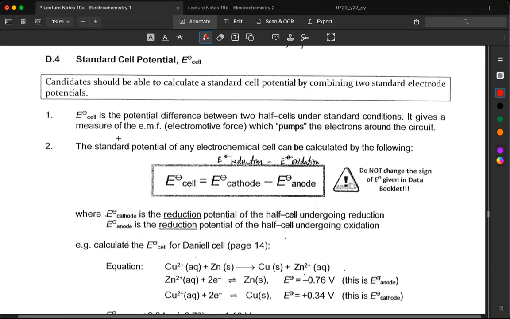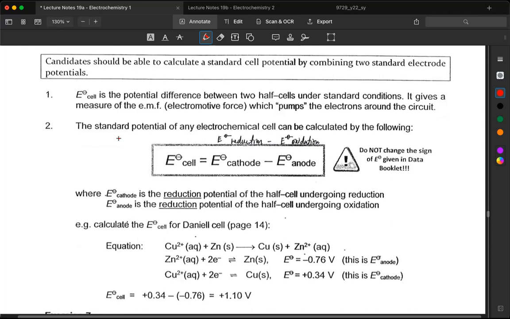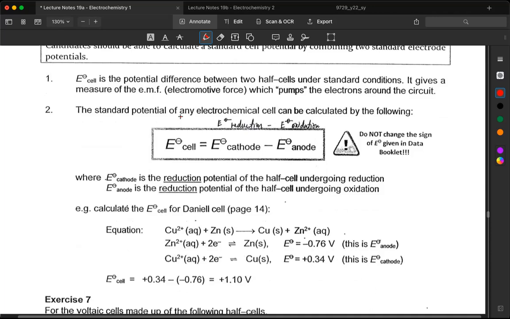So it is actually the energy to pump the electrons, somehow like that. Now, they don't call it energy because it's actually energy per unit charge, so they just call it electromotive force. So the standard potential of an electrochemical cell can be calculated by this: E°cell equals E°cathode minus E°anode, or E°reduction minus E°oxidation, same.